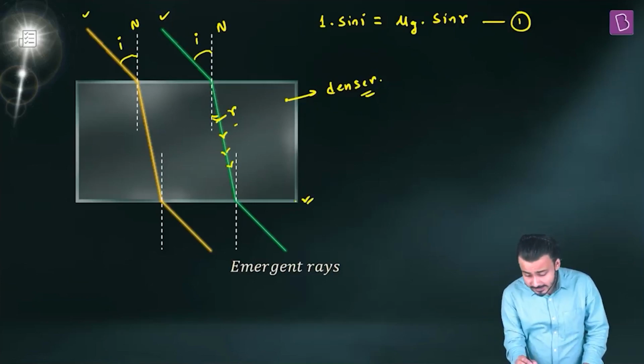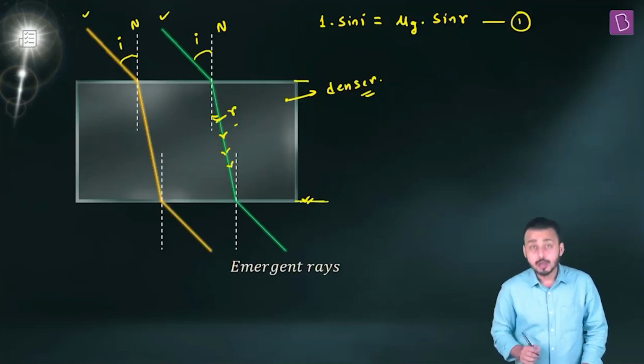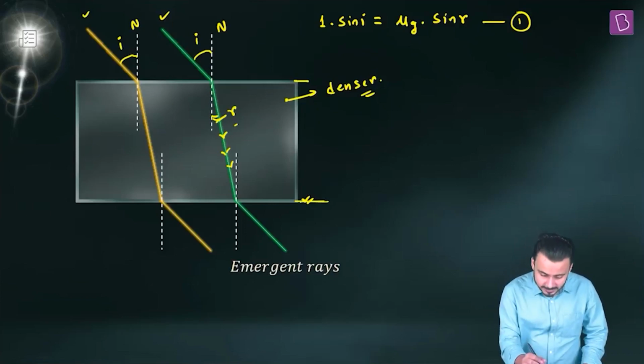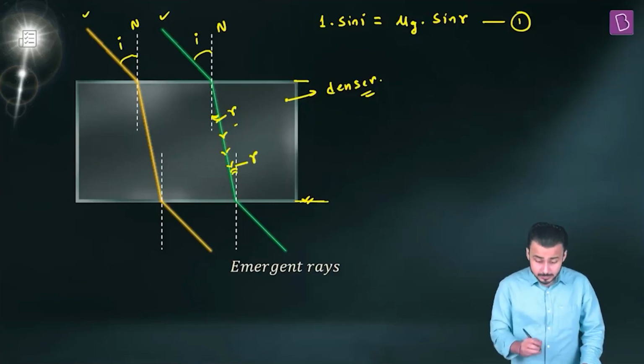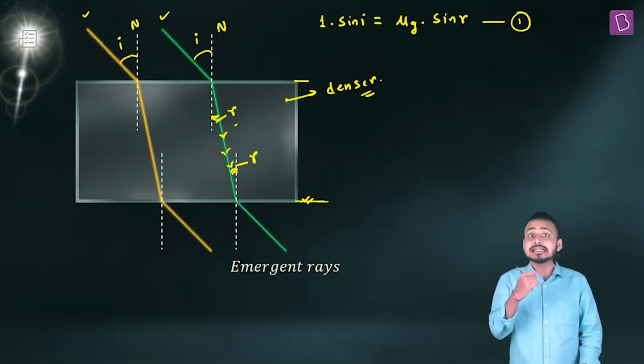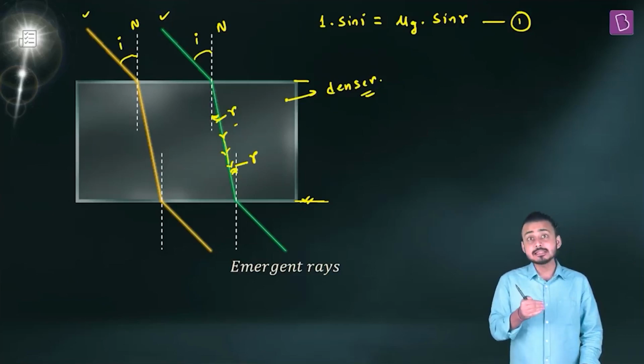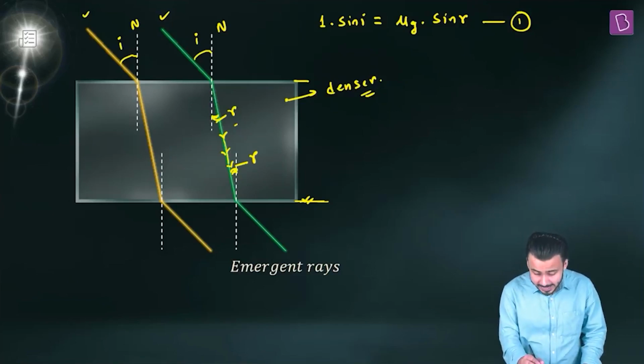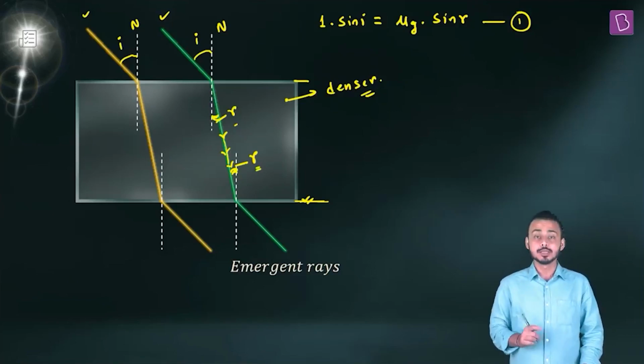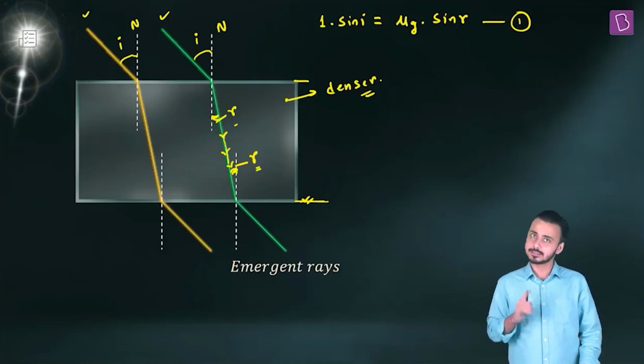And because the second face is parallel to the first face, this R is equal to this angle, so this is also R. This is the angle of incidence for the second face, since the ray is incident onto the second face making an angle R with respect to the normal.